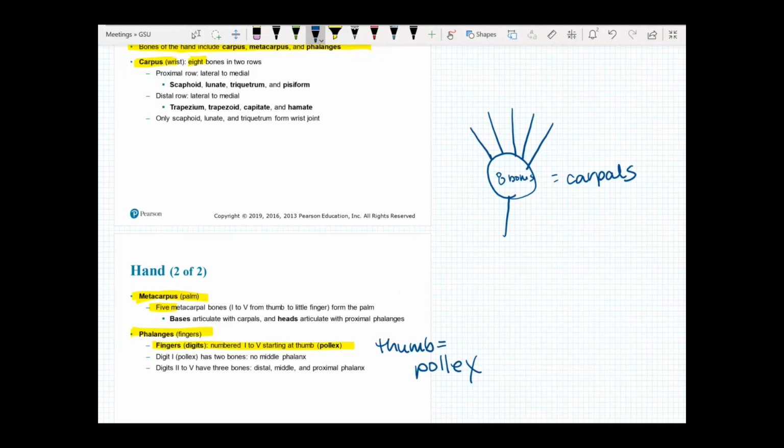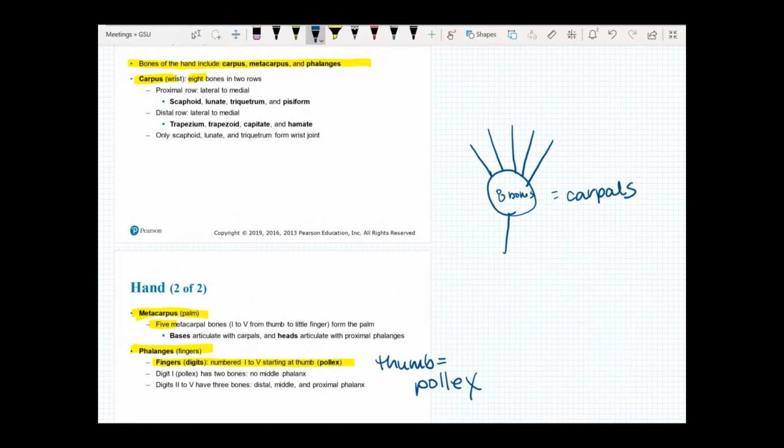So when you're looking at these digits and with this thumb, the phalanges are going to have 14 bones. Each of your fingers is going to have 3 bones. So digits 2 through 5 will have 3 bones. So here are my digits 2 through 5.